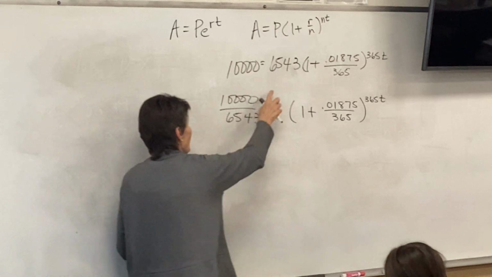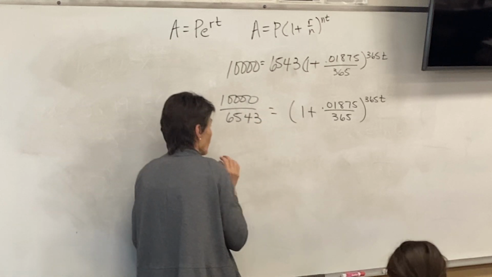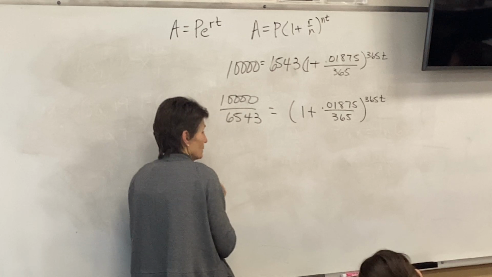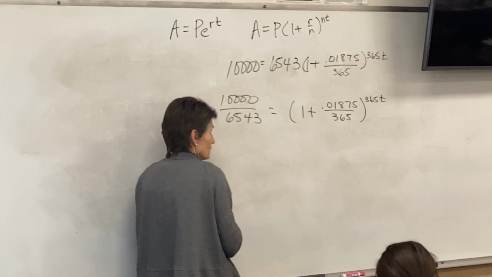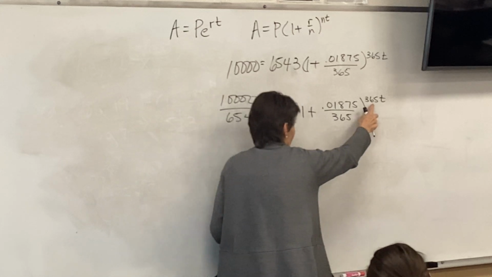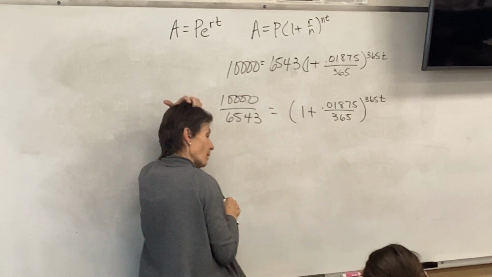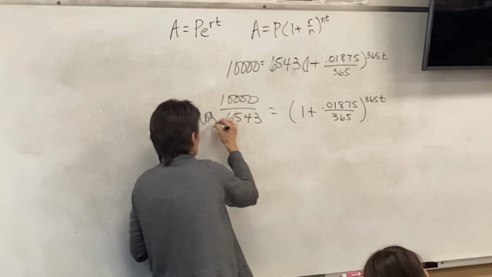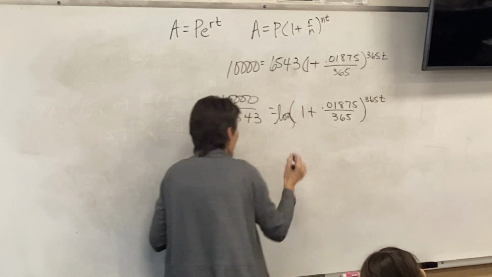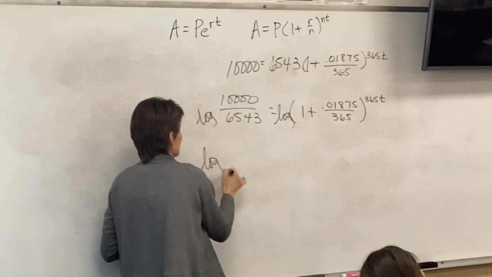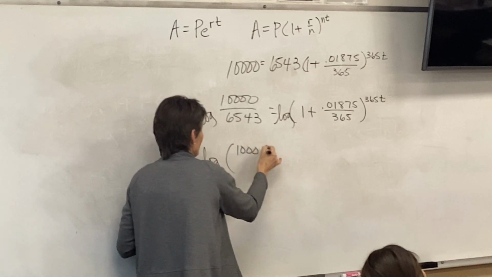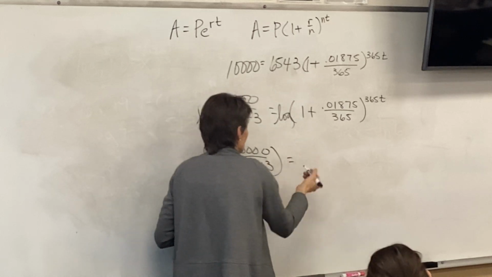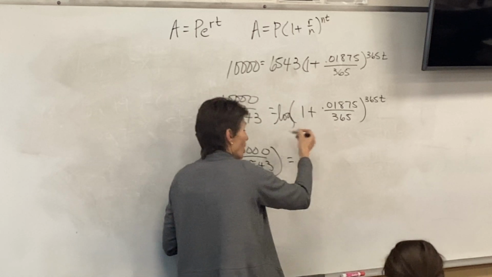Now, once I've divided, what has to happen next? I've got to get that down. And how do I get that down? What do I have to do? I'm going to log both sides. And again, I am not worried about this. Yes, it's a lot of writing for me, but that's okay. Why did I log it?